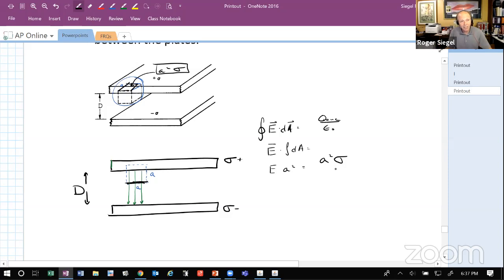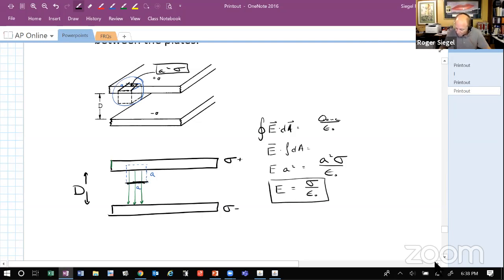So the charge density times the area gives me the charge. Coulombs per meter squared times meters squared, I end up with coulombs, over epsilon naught. Well, this becomes one of the most boring algebra problems you've probably ever done in AP Physics C. And there it is. And so that's the electric field between those plates.